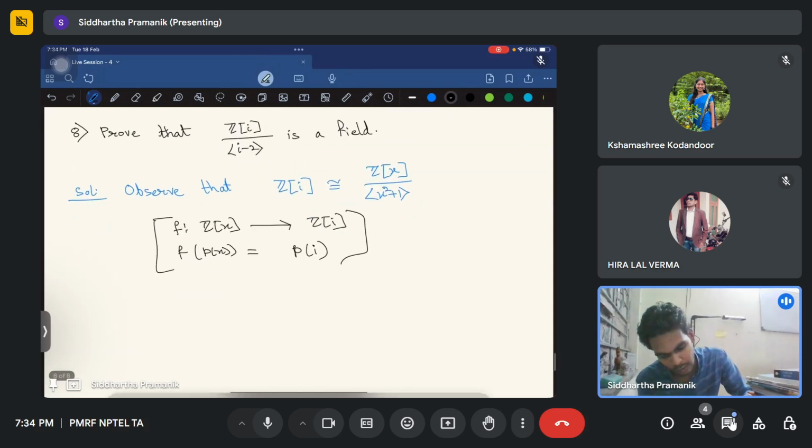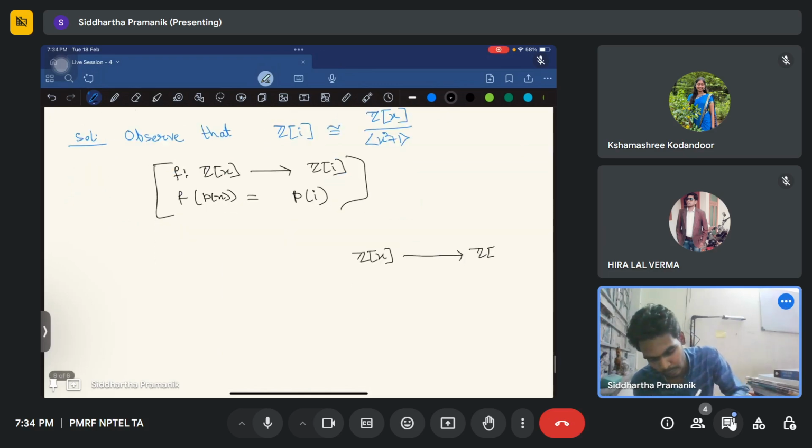So here we have Z[x], and here we are taking Z[i]. So here we are killing the ideal x² + 1.